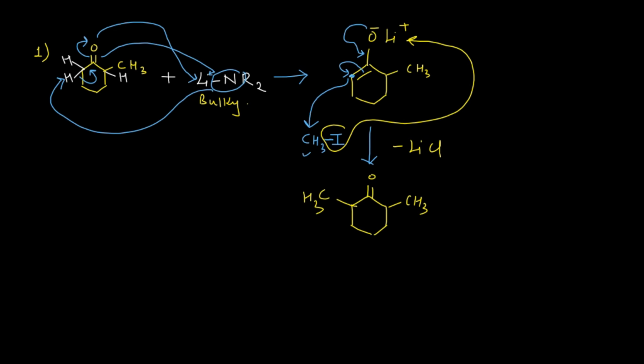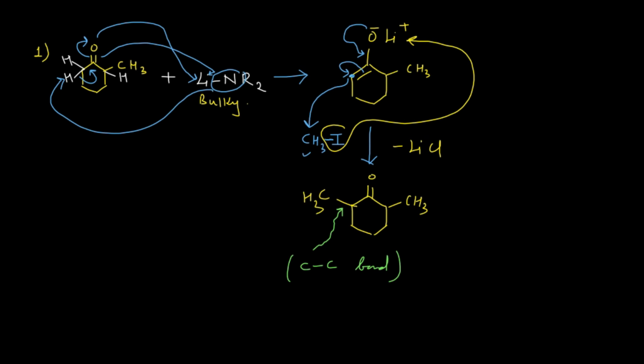So what you have done here, you have formed this new C-C bond. This is the very important application of this LDA when you want to introduce an alkyl group or form a new carbon-carbon bond, then this reaction goes very well. Okay, so this is something very important you should know. Or simply see, this is the mechanism.